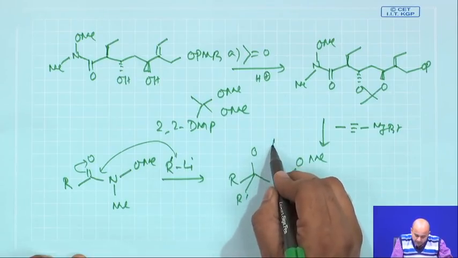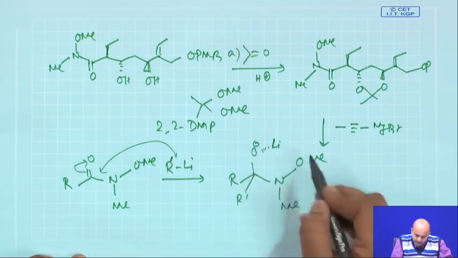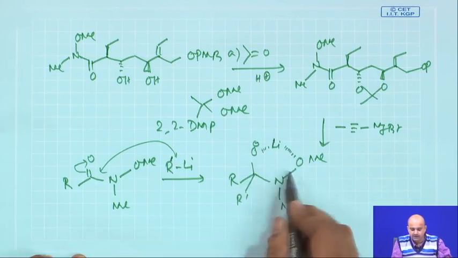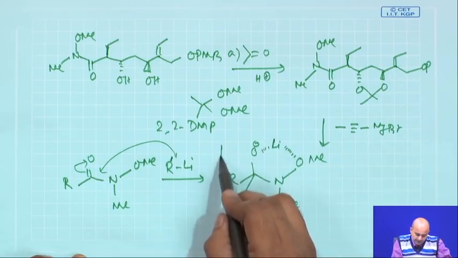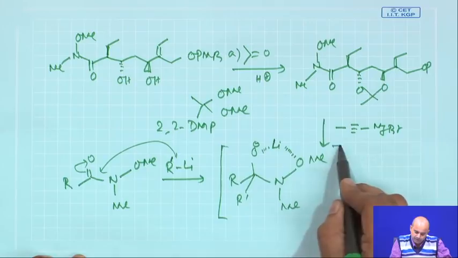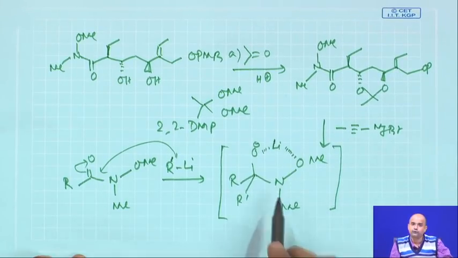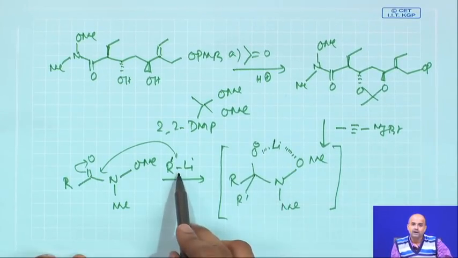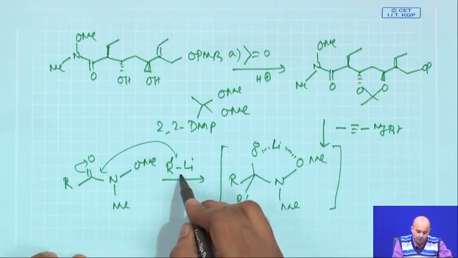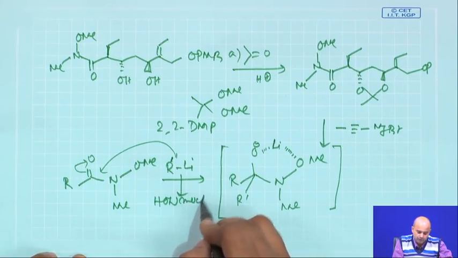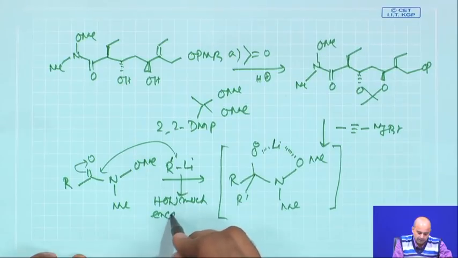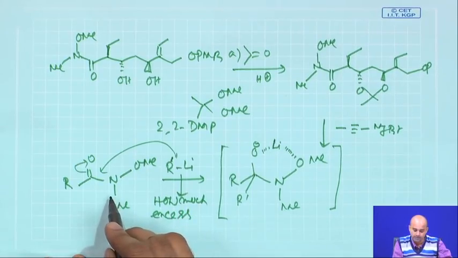What happens? This particular metal, lithium, will make a cyclic chelate with this OMe and this O minus. Now, this cyclic chelate is very stable. So it cannot react further with another equivalent of lithium or Grignard species, no matter how much excess you use. If you use 10 equivalents excess also, it will not react. That is the beauty of using a Weinreb amide.